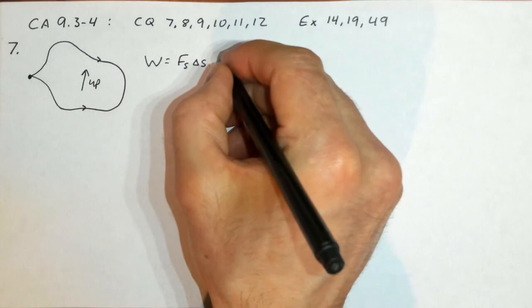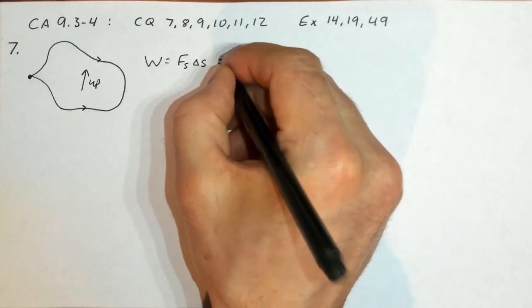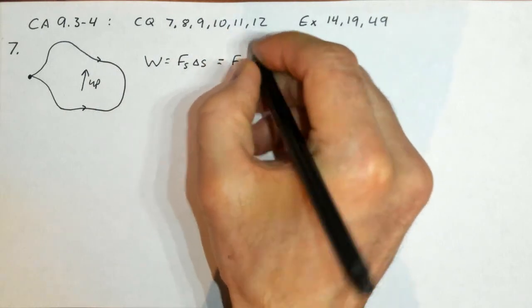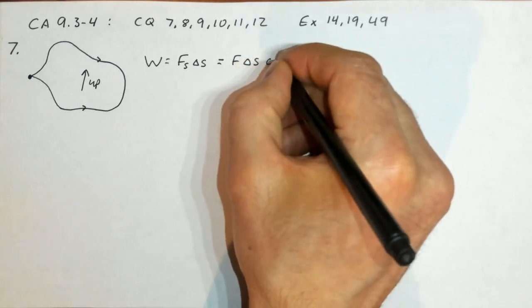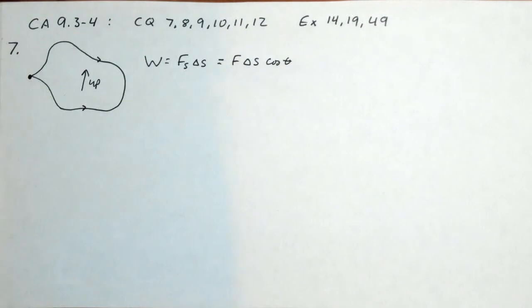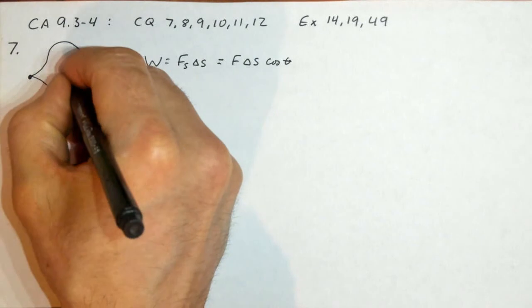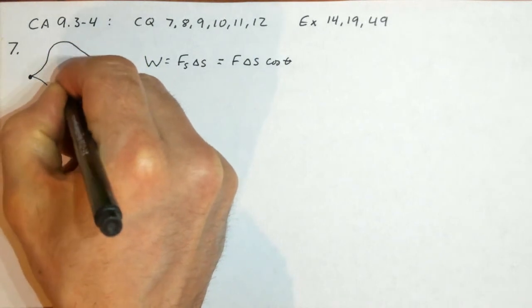So one way I could do this is force times the displacement times the cosine of the angle between them. And the force is constant, pointing straight down.